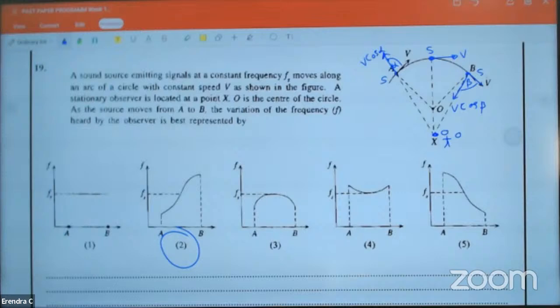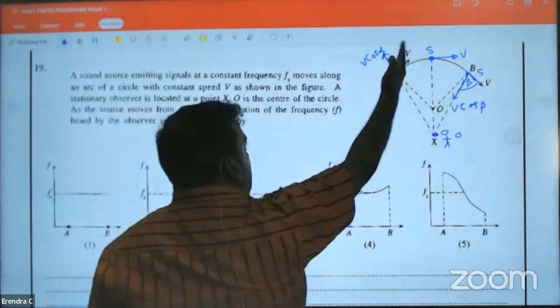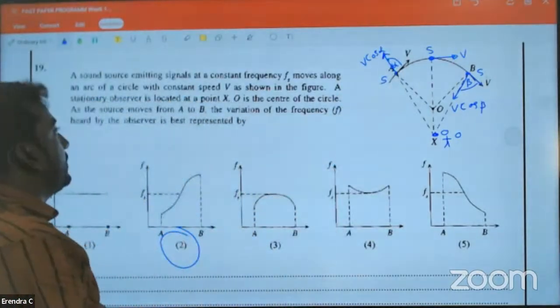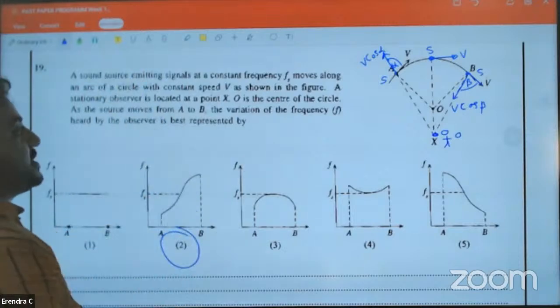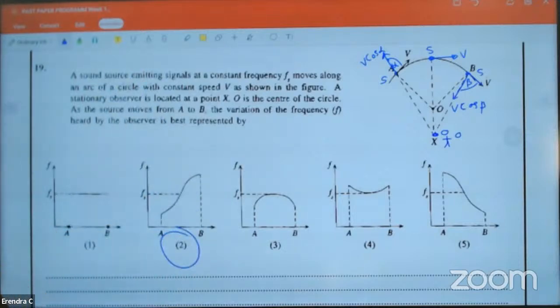Right there. At point A, if we consider the acute angle, it is like the source is moving away.